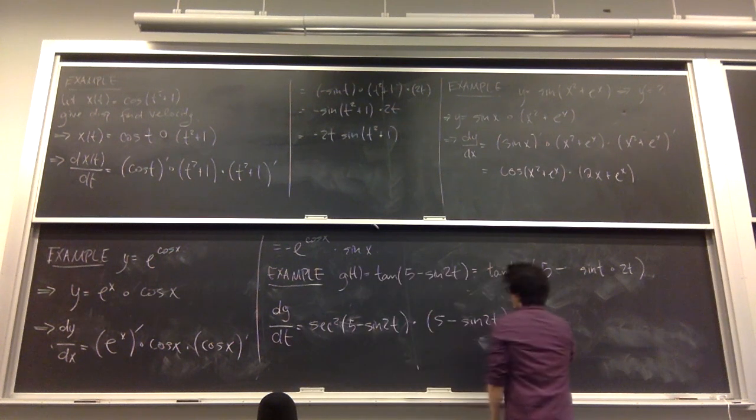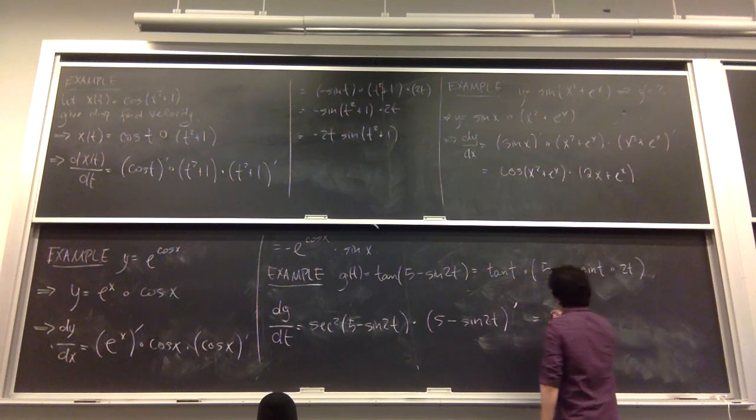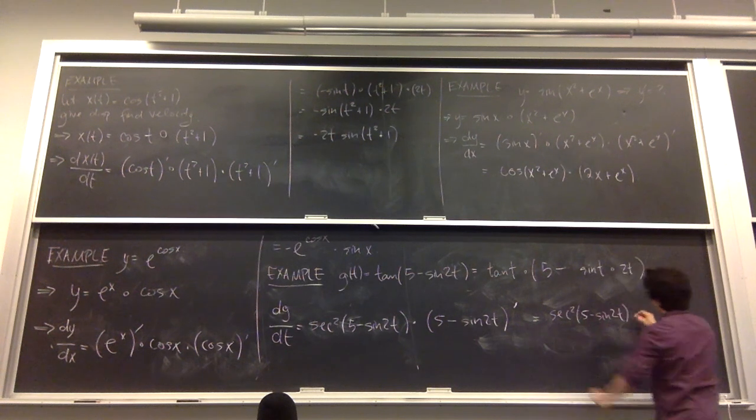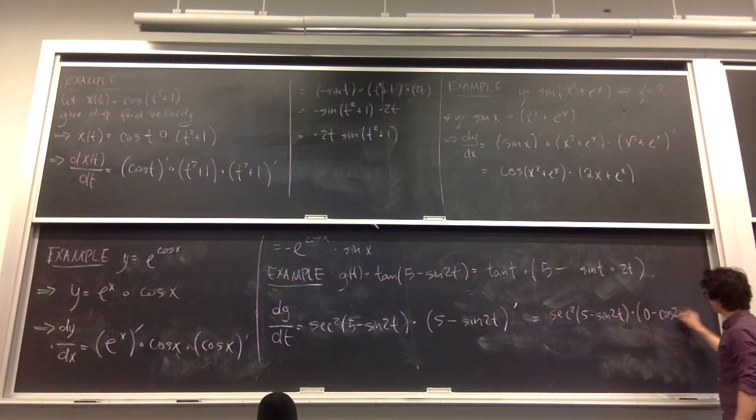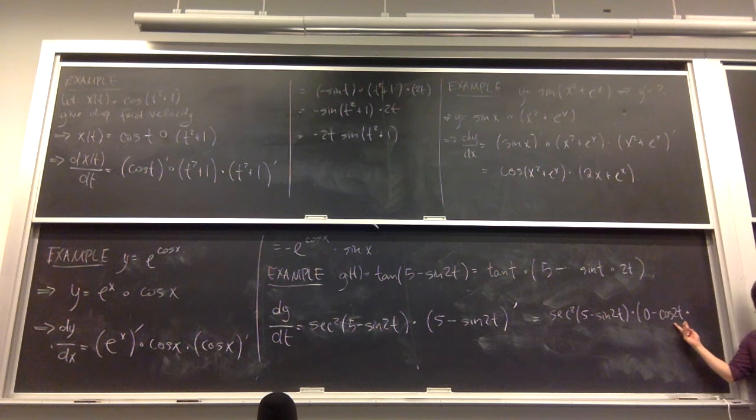So let's continue. We get secant squared of 5 minus sine 2t. And let's take the derivative of this. Well, the first thing's going to be a 0. The second thing's going to be a minus cos of 2t. And then I have to multiply by the derivative of the inside here. That's the chain rule.